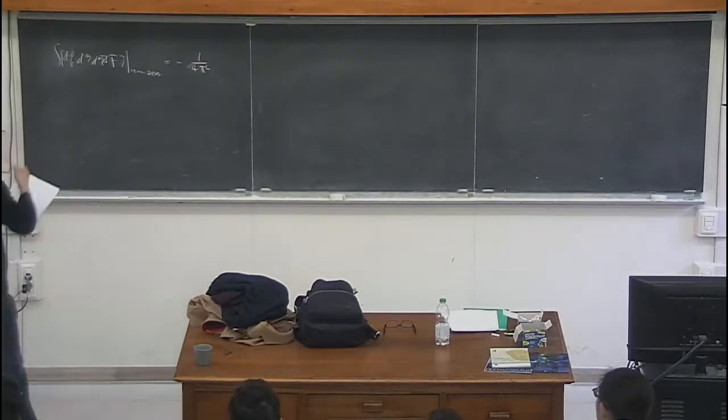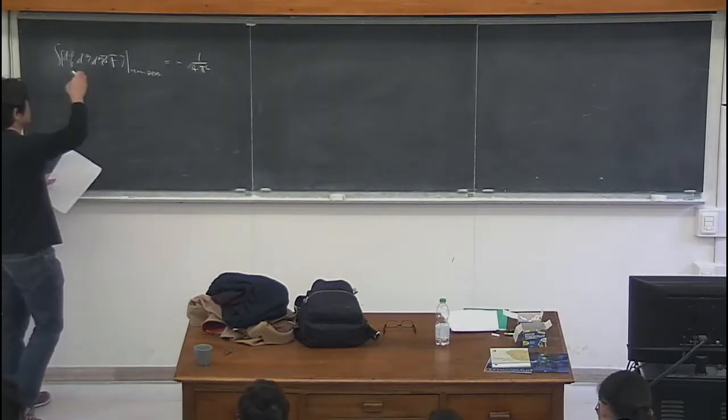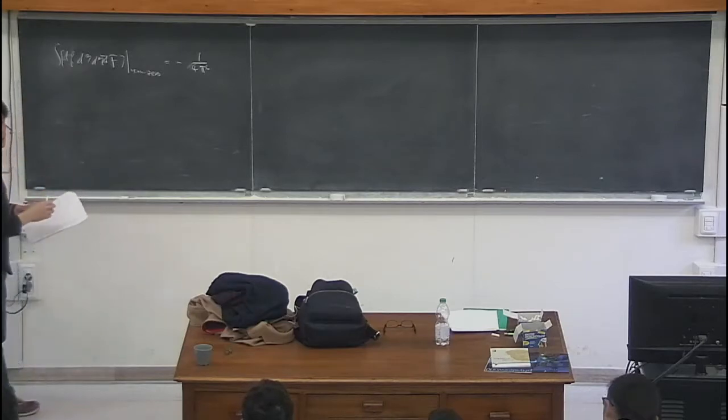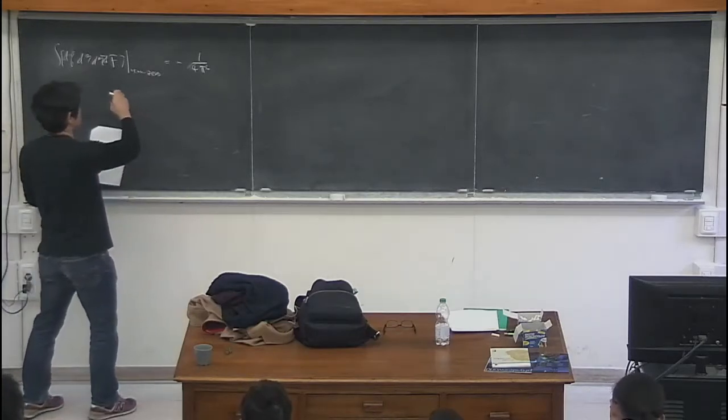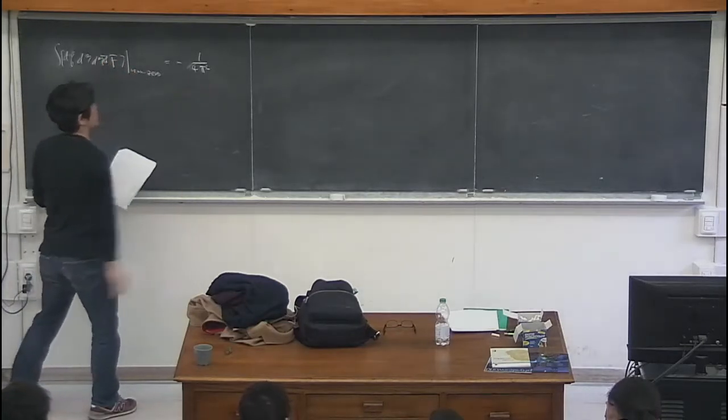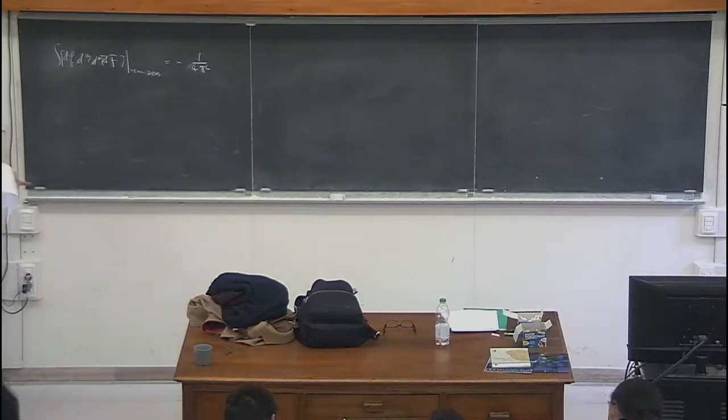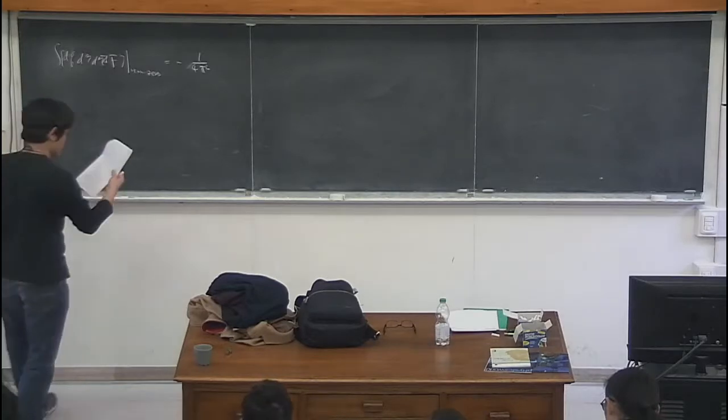So there is a cancellation between the fermion and boson and there is no dependence on n or something like that. Actually, because of the pairing, this one factor cancelled.